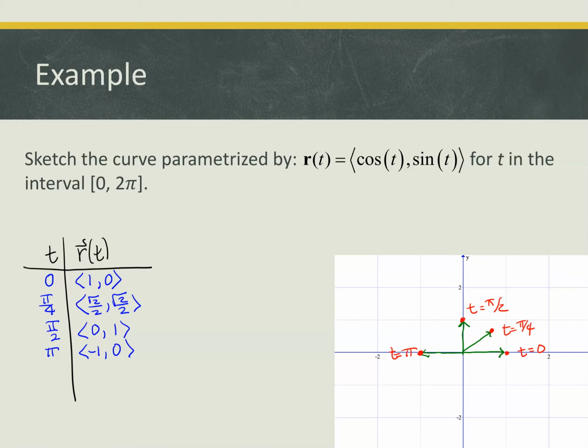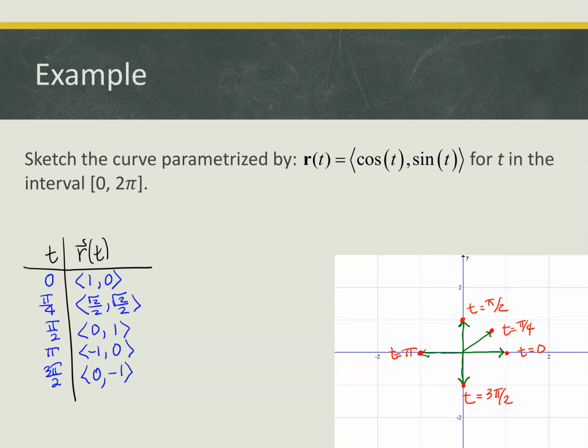I'm going to go ahead and jump to 3 pi over 2. Cosine of 3 pi over 2 is 0. Sine of 3 pi over 2 is negative 1. So we have a position vector looking like that. At its tip is a point along our curve, and that's due to t equals 3 pi over 2.